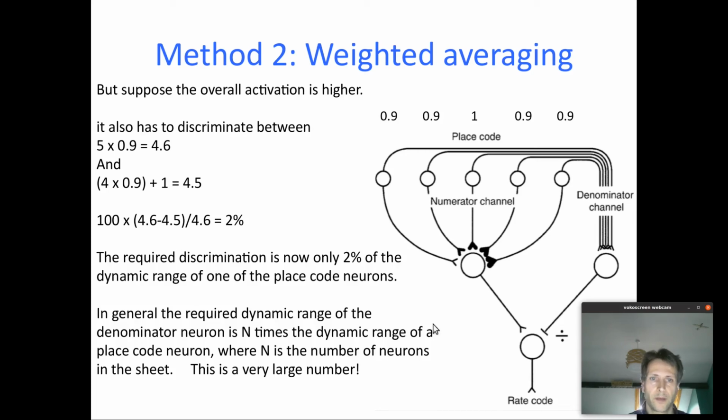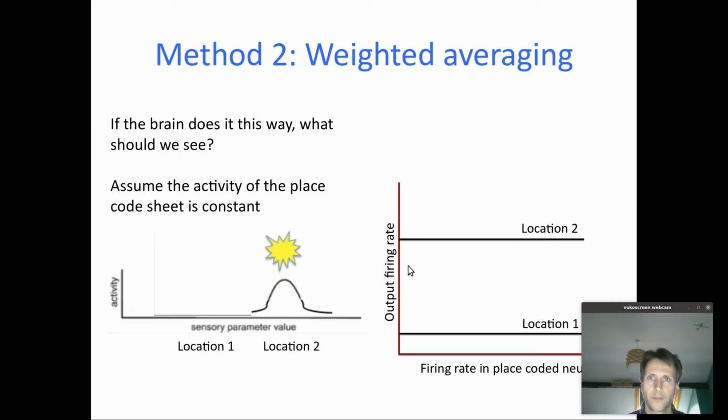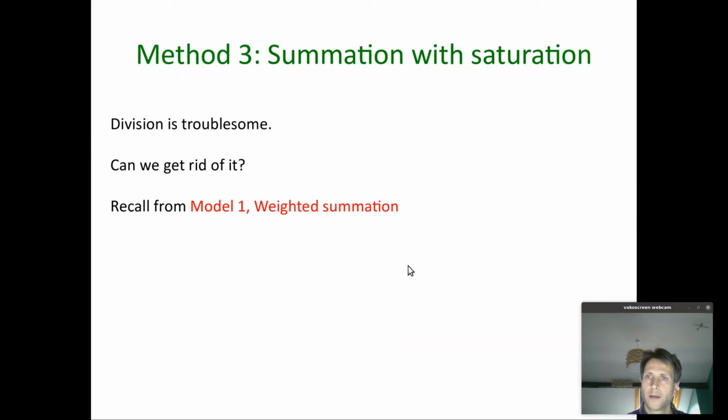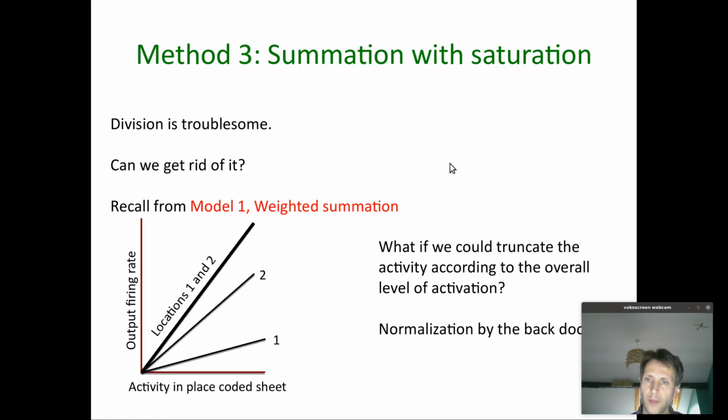So the question is, can we get rid of the division? Let's go back to the first model, the graph for just the simple weighted summation. This was the activity in the place-coded sheet on the input versus the output firing rate, and it was okay if you took a fixed activity.